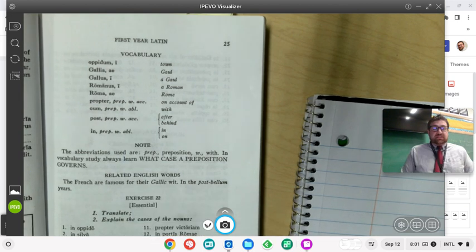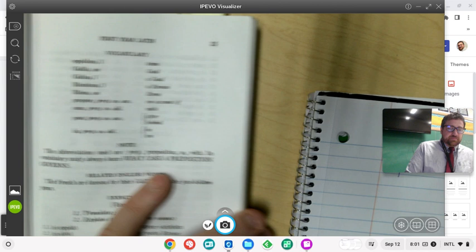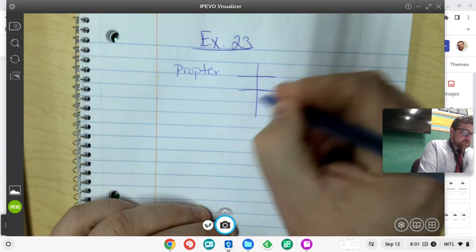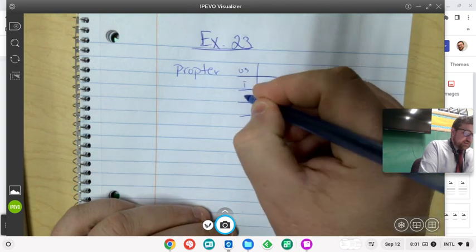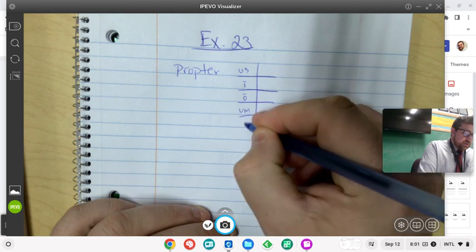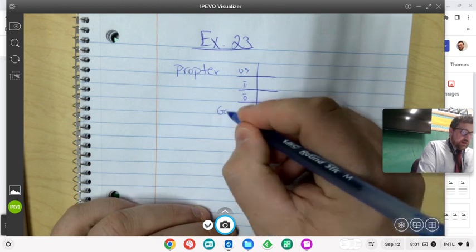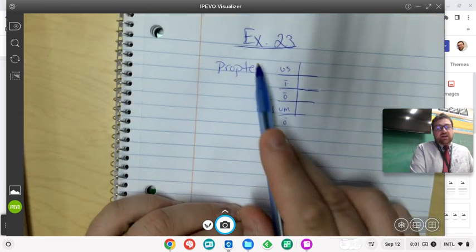So if we wanted to say on account of the Gaul, not the land Gaul, but the person from Gaul, we would say propter, and we would have to use Gallus, Galli, Gallo, Gallum, Gallo. We would want to say propter Gallum. Propter Gallum means on account of the Gaul.